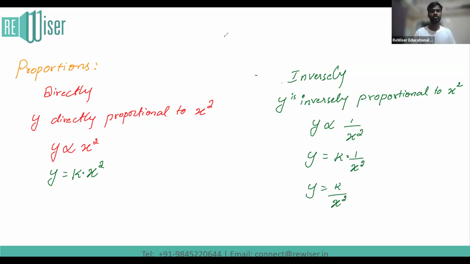And the last topic that we are going to look into in this video is functions. When I say functions, you should be aware that functions are basically the y coordinates. Whenever you have y, you can also replace it with f of x.